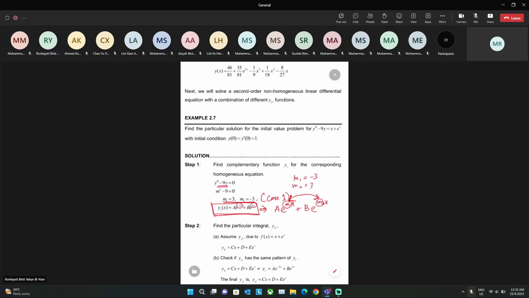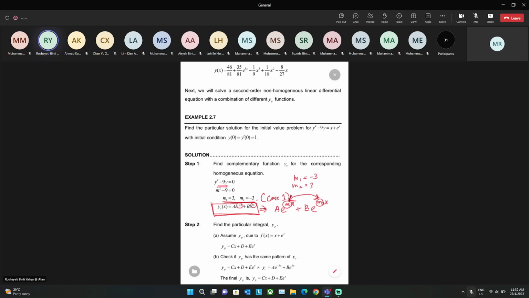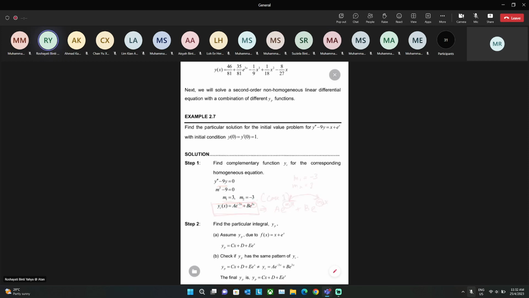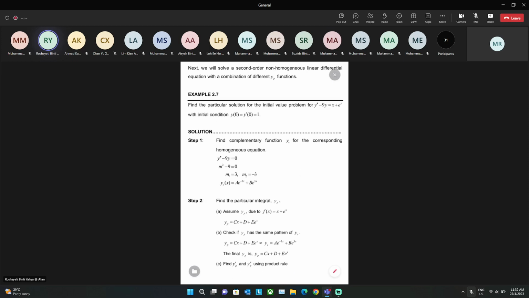Both are still correct. So second step, find the particular integral yp.